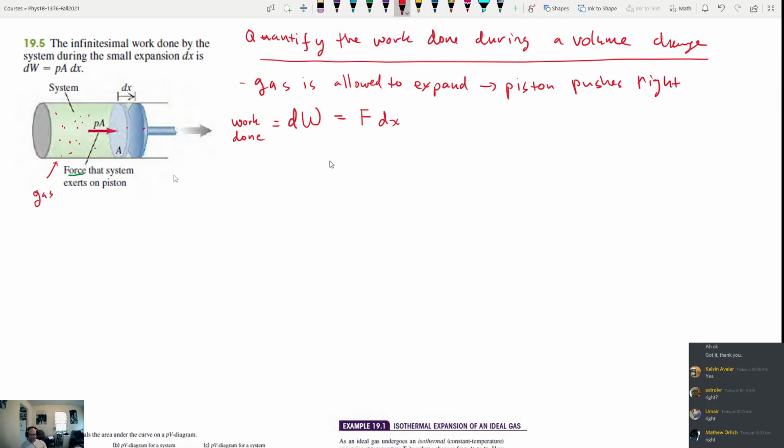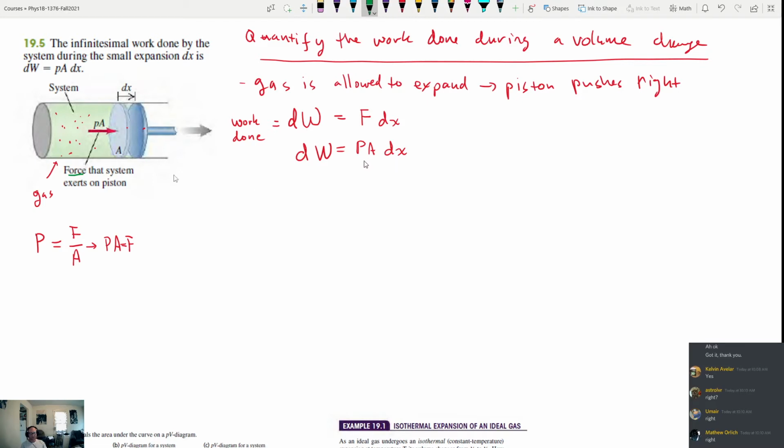But you know from your study of pressure and force that pressure is equal to force divided by area, which of course means that pressure times area is equal to force. So our force in this equation right here can be replaced with just pressure times area times dx. But then we notice something about our equation.